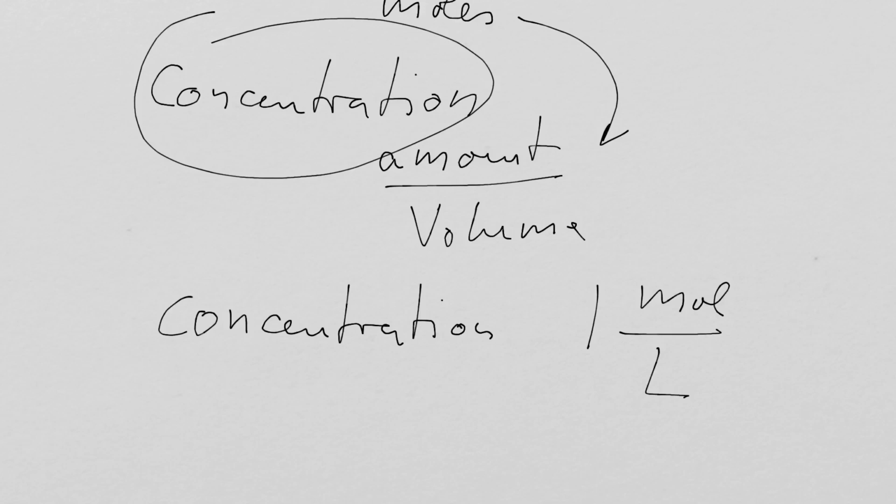That means I just simply have 6.022 times 10 to the 23, remember that was the Avogadro number for a mole, of molecules or entities in the volume of 1 liter, usually water or something like that. Yeah? So that is a concentration.